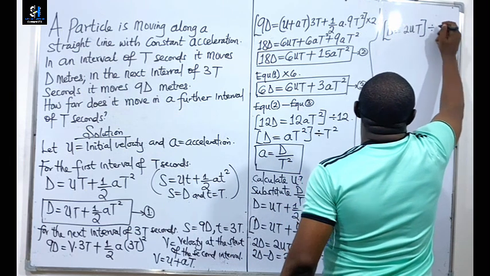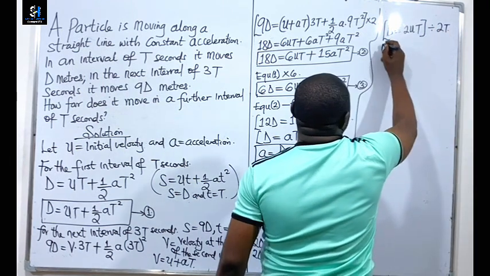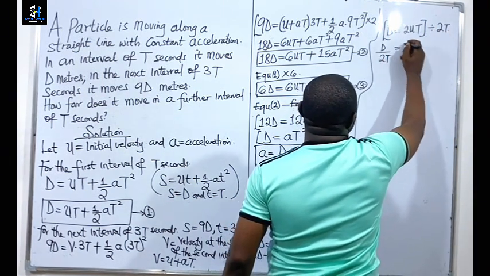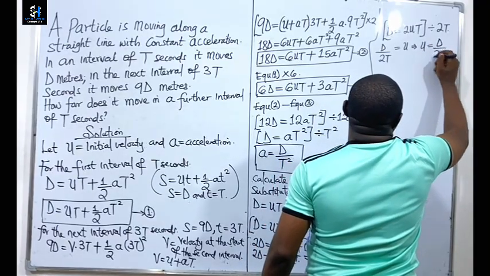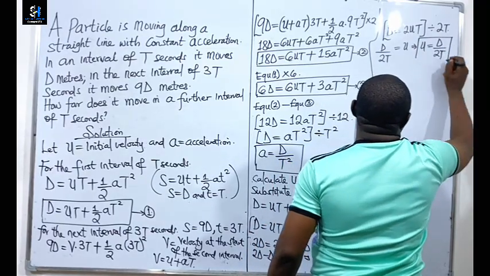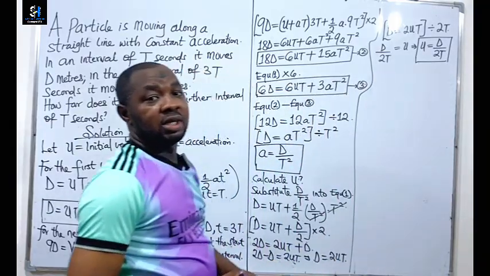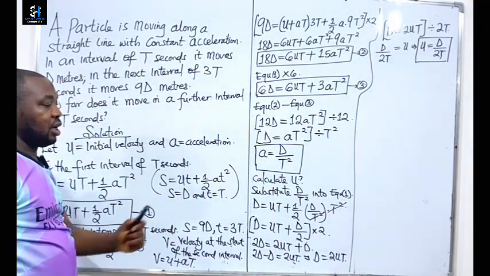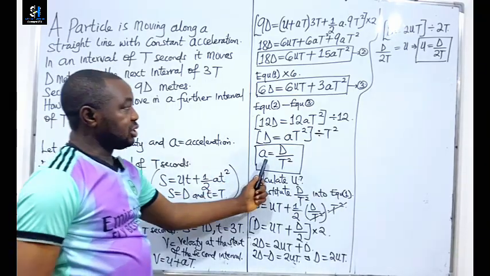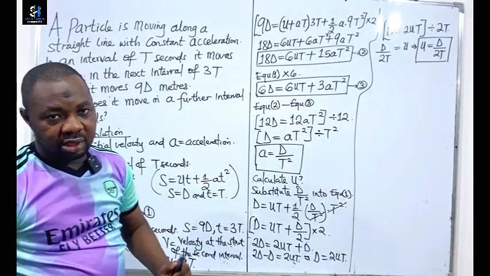If I divide both sides by 2t, this will be d over 2t equals u. So the expression for u is d over 2t. So that's u, and this is a. This is the acceleration and that is the initial velocity.